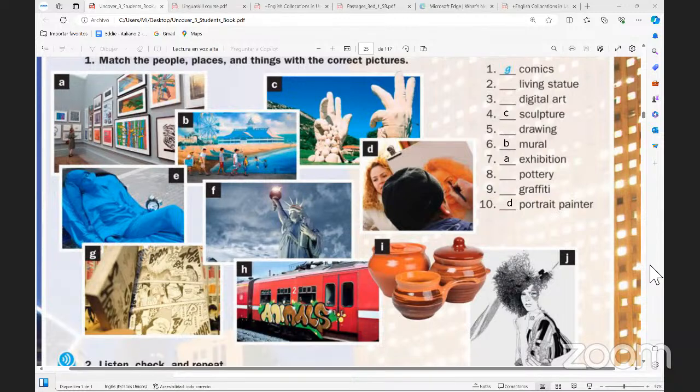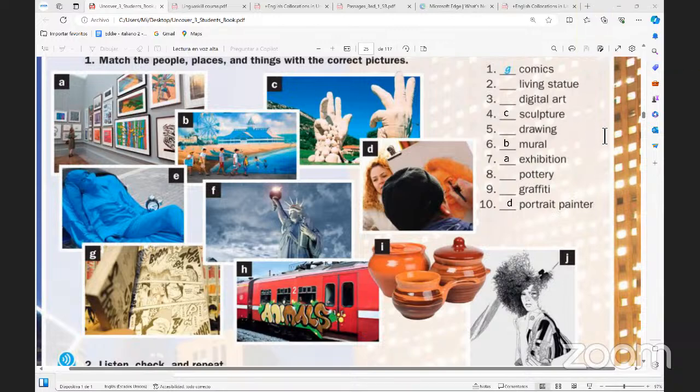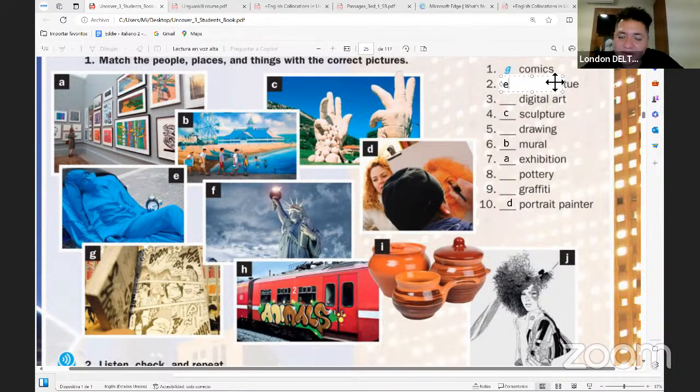Living statue? It's a living statue, exactly. Statue. El statue. Very well. La palabra se pronuncia statue, escultura.